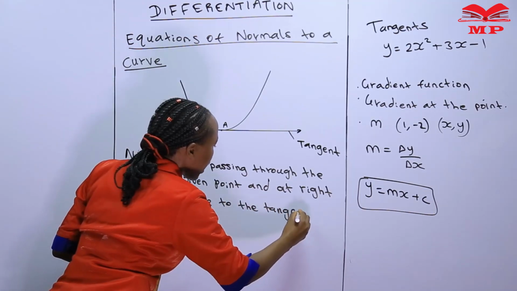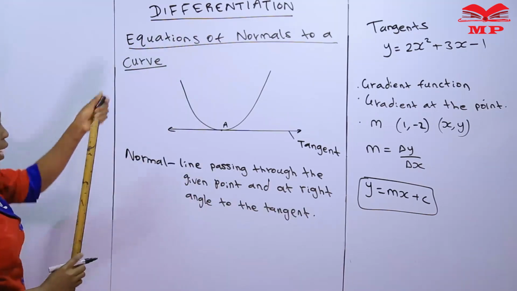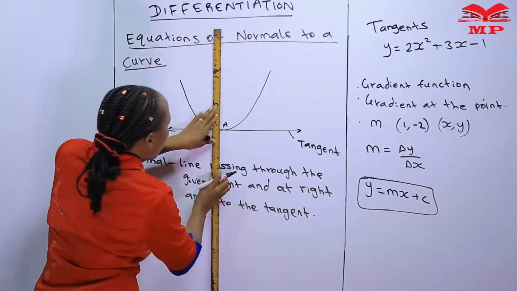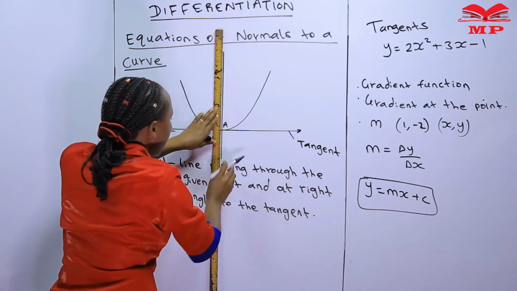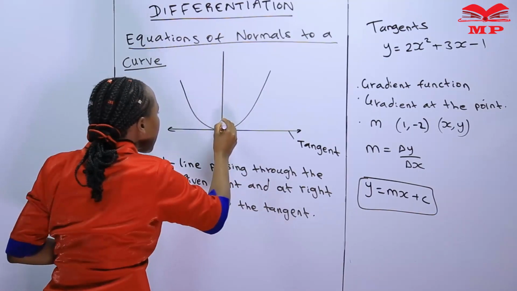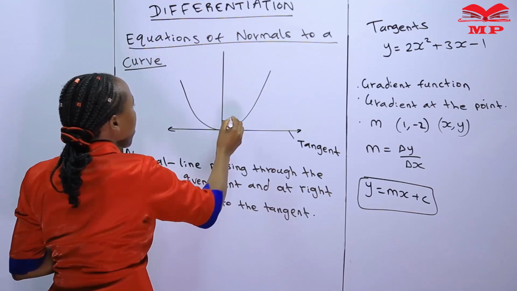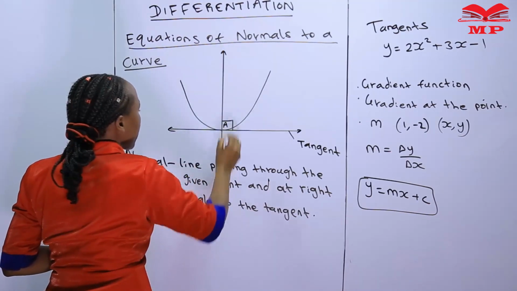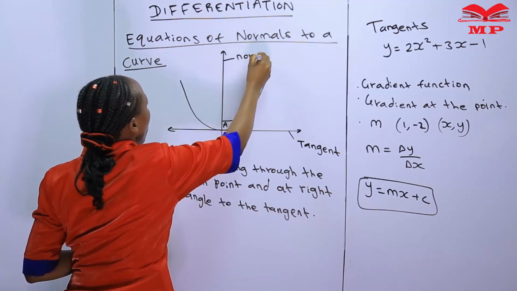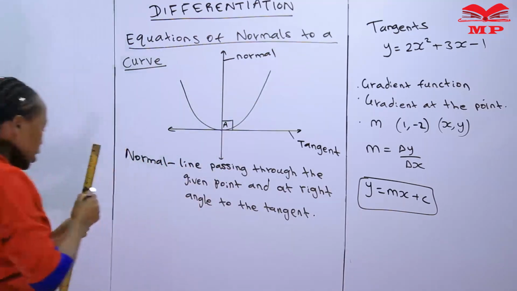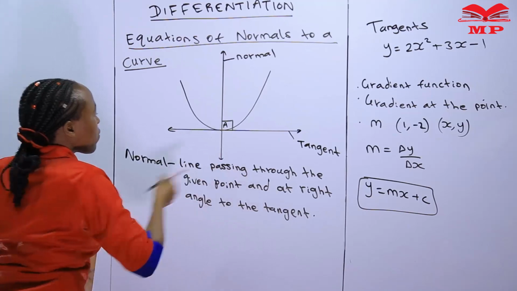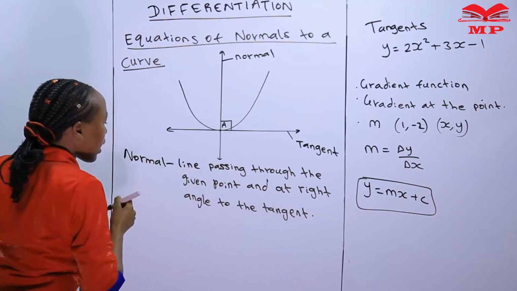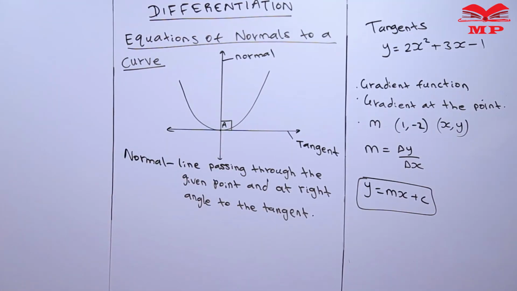If this is our tangent, and we measure here, we have 90 degrees to the tangent, then we'll say that this is the normal. So a normal is a line passing through the given point, and at right angle to the tangent.